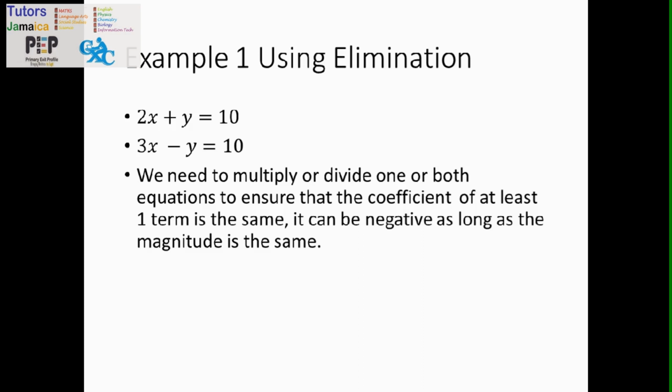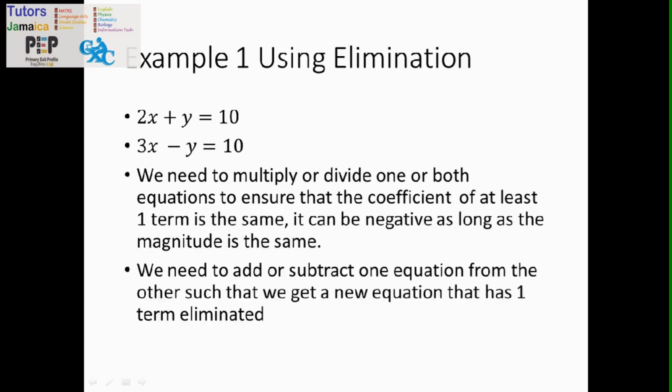And as you can observe here, the coefficient of y in both cases is 1, because when we don't write 1y, once there's no number, then we know that the coefficient is 1. But they are the same magnitude, and they have different signs. One is positive, one is negative.